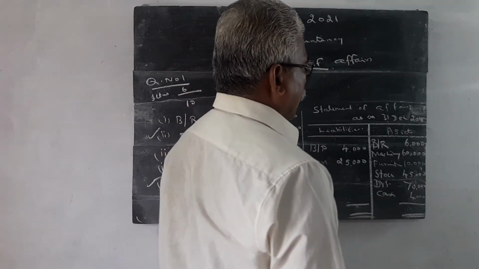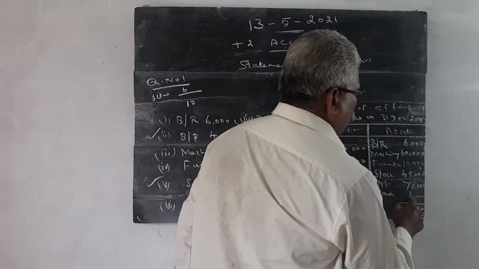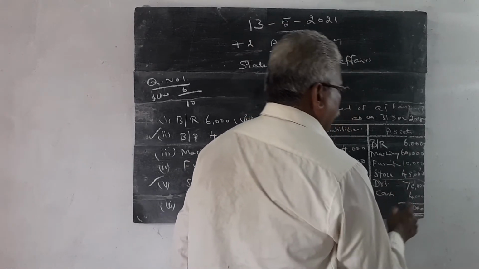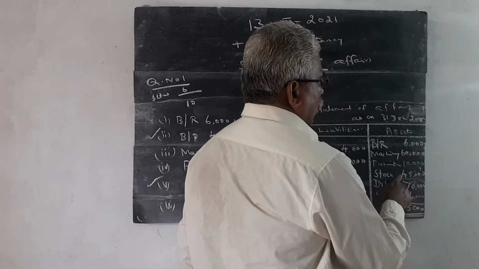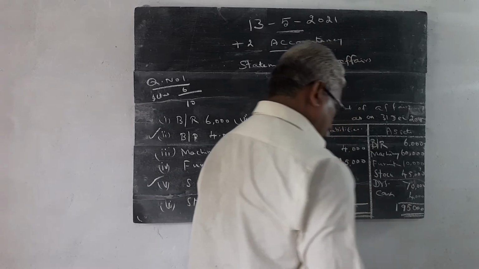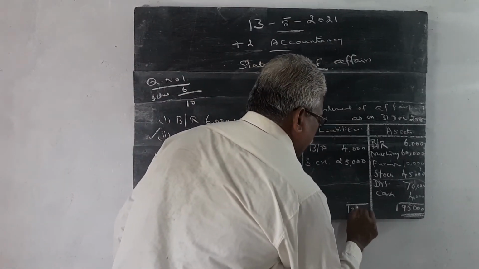Here if you total it, first we write 3 zeros, 4 plus 9 plus 6 is equal to 19, and so on, the total is 1,95,000. The same 1,95,000 is entered here also.